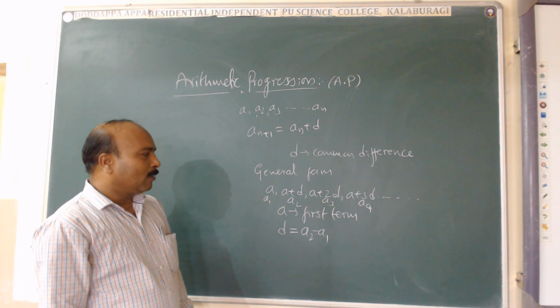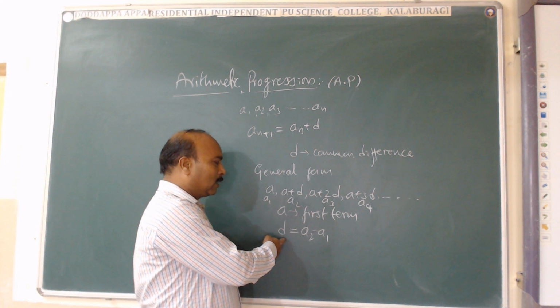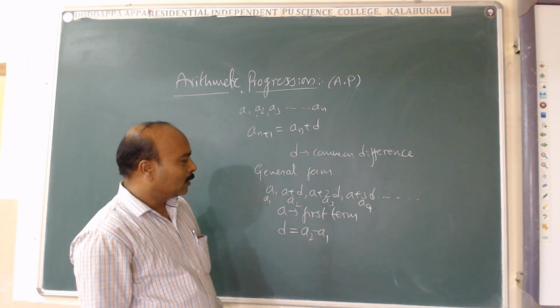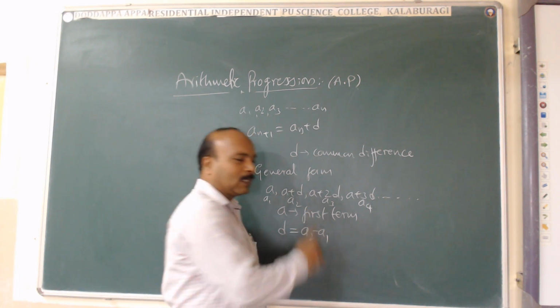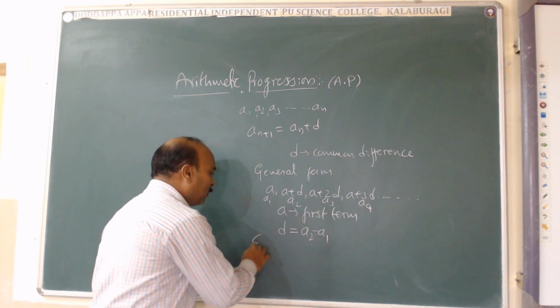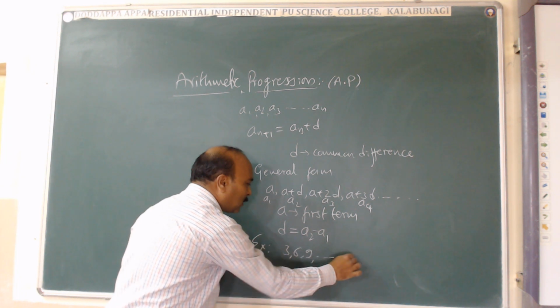Now if you want the common difference of this sequence, it is got by this formula, that is d equals a2 minus a1, that is, always the previous term subtracted from the present term. For example, take 3, 6, 9, and so on.